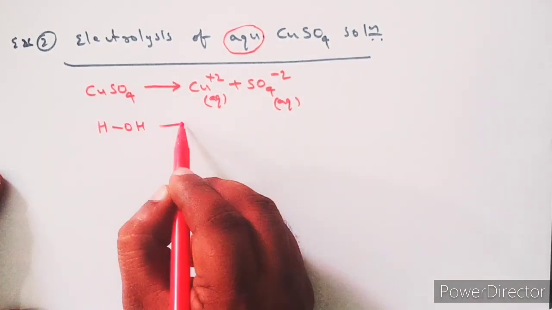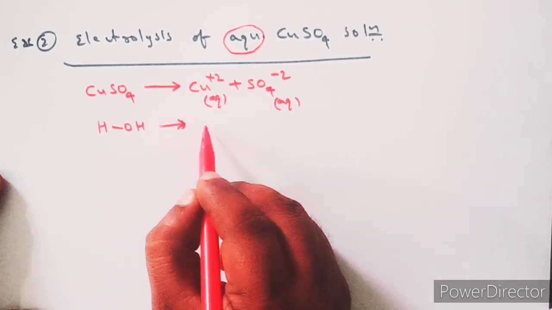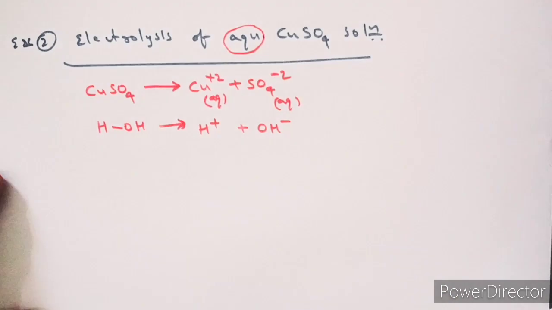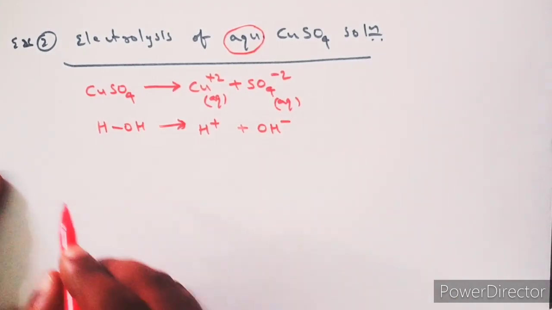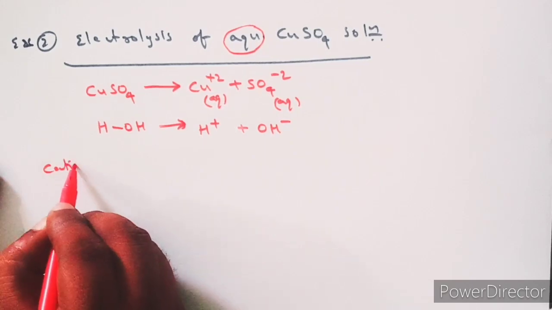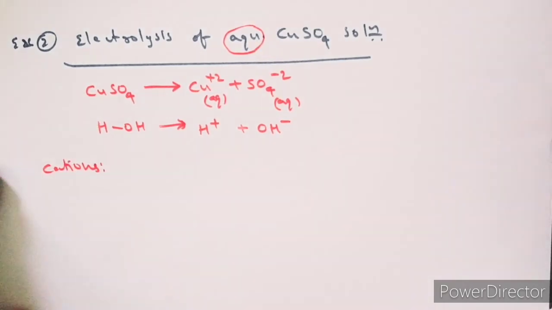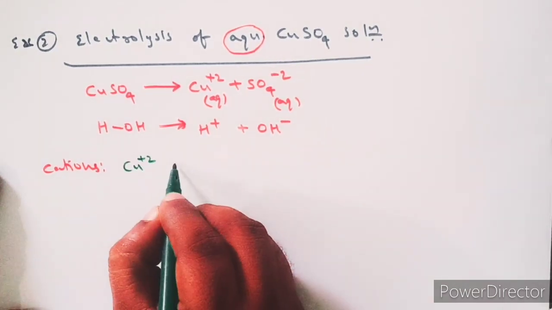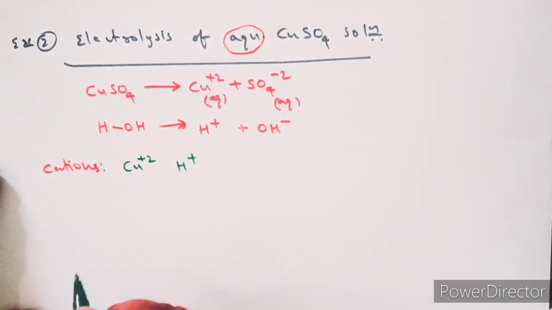In the presence of electricity, when you pass electricity, water will also be ionized as H plus and OH minus. Now let's see what cations are present here. The cations are the cupric ion Cu 2 plus and proton.